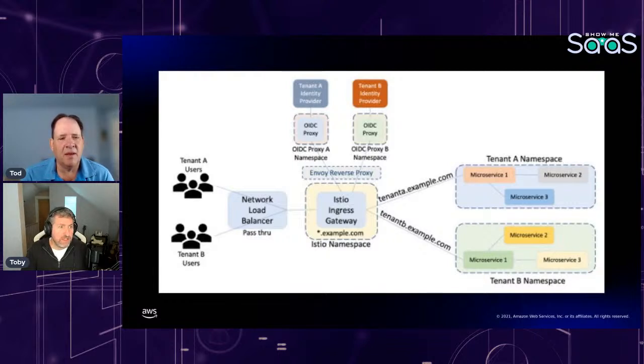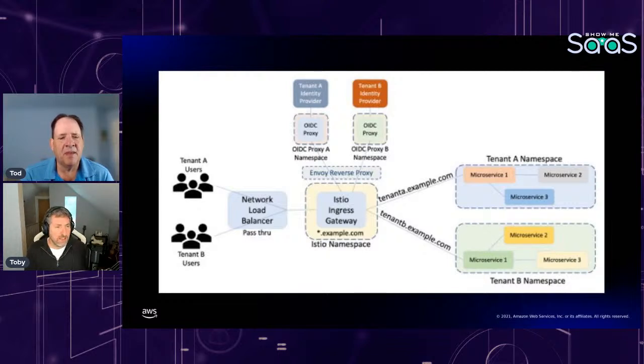But effectively, a client request comes in, it passes through that network load balancer. The Istio gateway will see, is there an authorization cookie on it? If not, it sends it to an OIDC proxy based on, this is the part that gets murky for me, I'm assuming it has to be the tenant's origin or some header, some piece of information that request has that identifies tenant A with that tenant A identity provider.